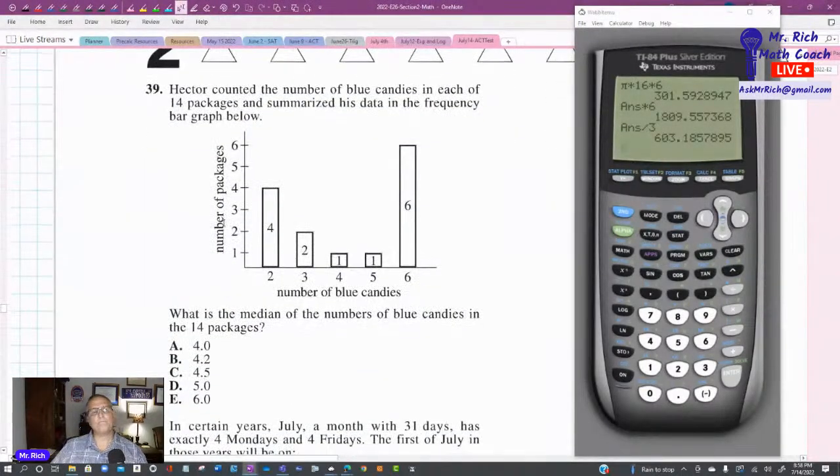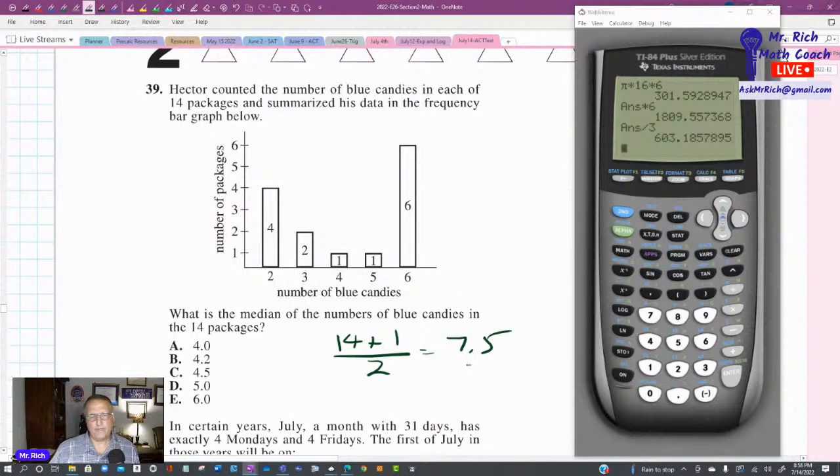39. Hector counted the number of blue candies in each of 14 packages and summarized his data in the frequency bar graph below. What's the median of the number of blue candies in the 14 packages? My median is going to be at 14 plus 1 over 2.